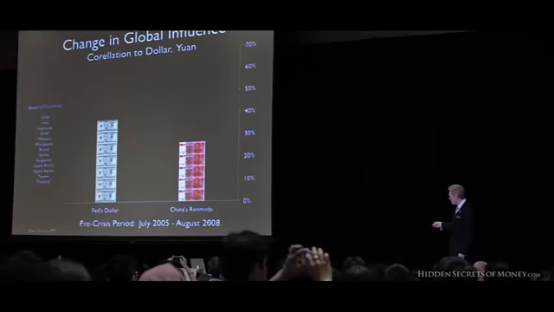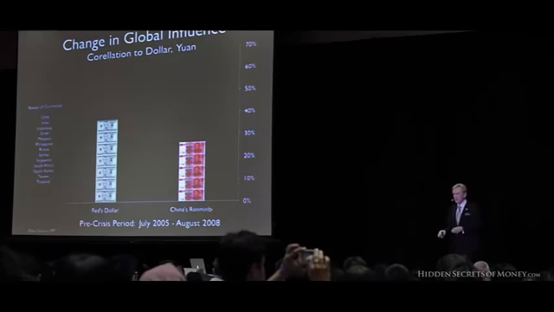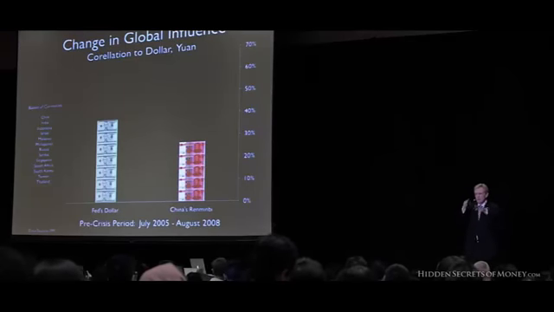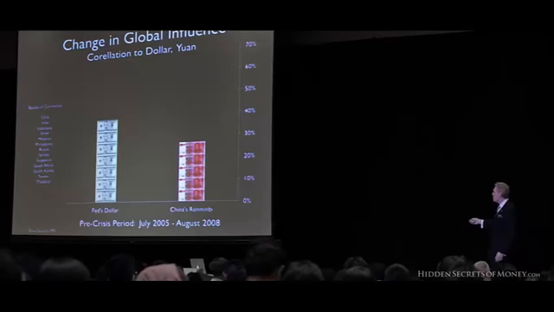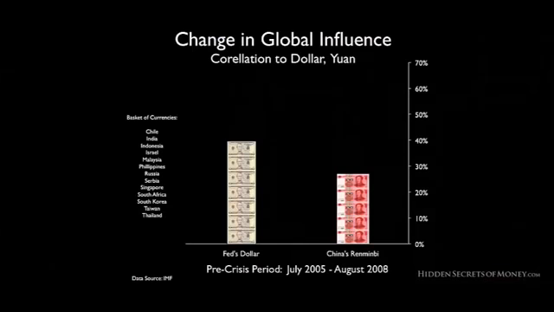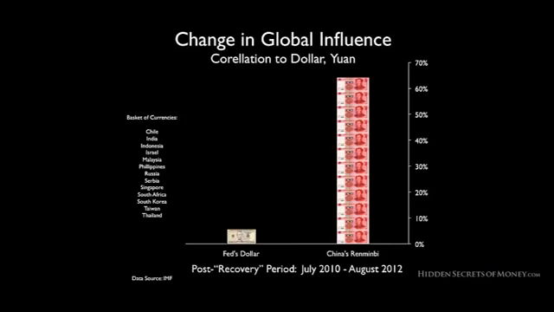So from 2005 to 2008, this is the correlation of, if that basket of currencies was trading up, the dollar was probably doing about the same thing, is what it's saying. The Chinese renminbi, a little less so. And then this is today. The US dollar is done for.